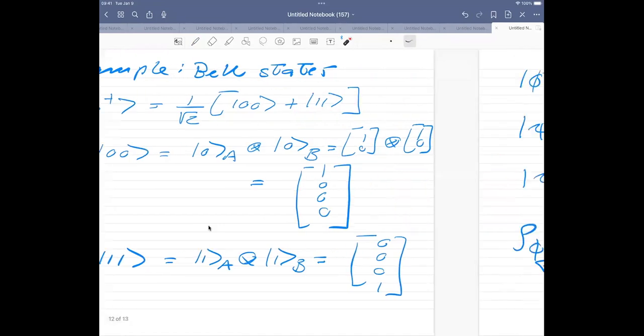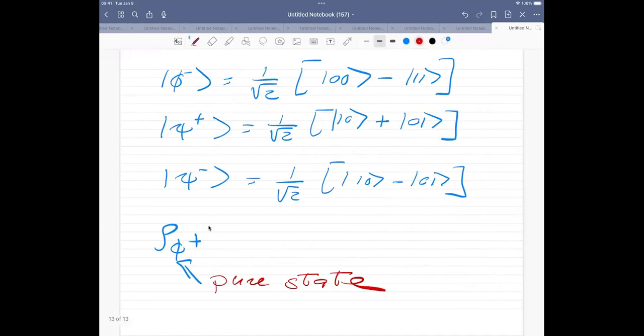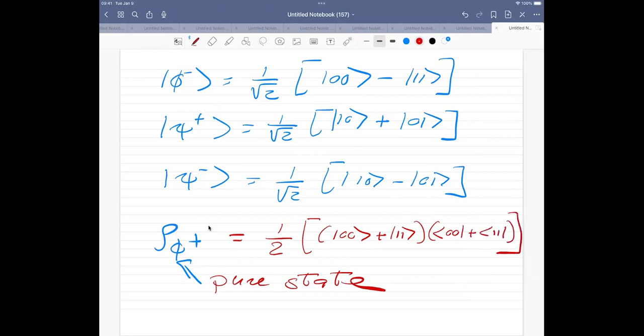So what I'm going to do now is the exciting exercise of actually calculating this quantity, and I'm going to give you the answers. So this is going to be 1/2, obviously. And then I'm going to have |0, 0⟩ plus |1, 1⟩ multiplied with ⟨0, 0| plus ⟨1, 1|. What I'm going to do now is simply calculate these outer products.